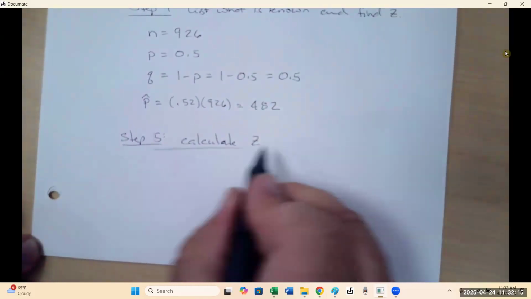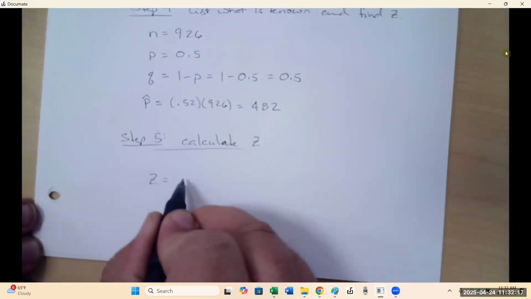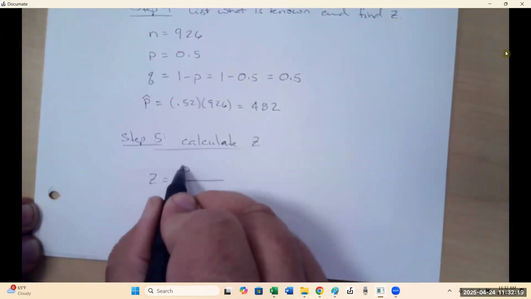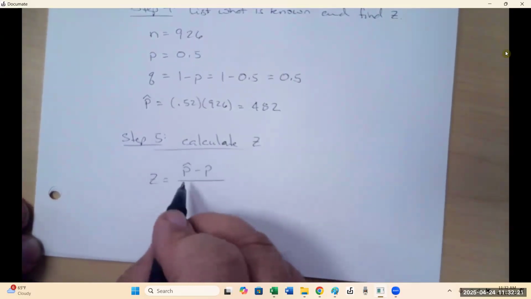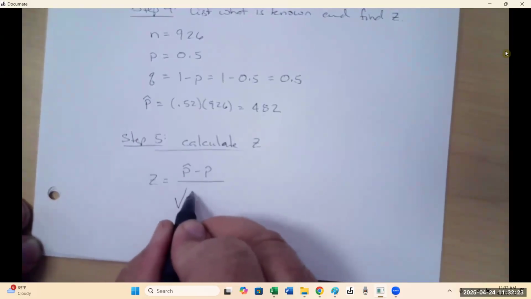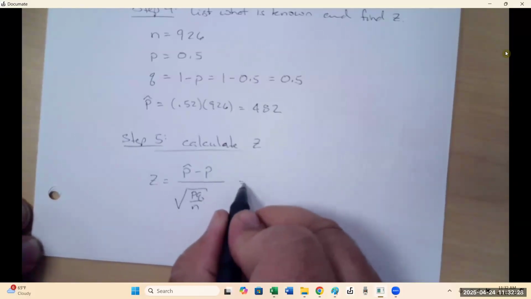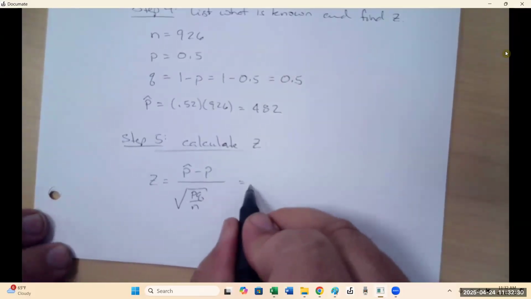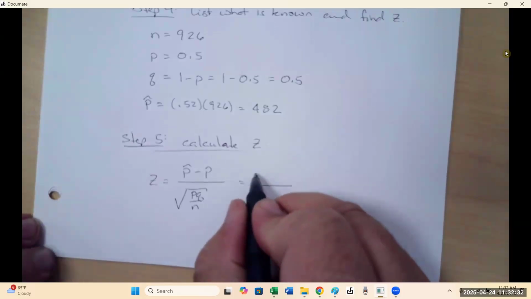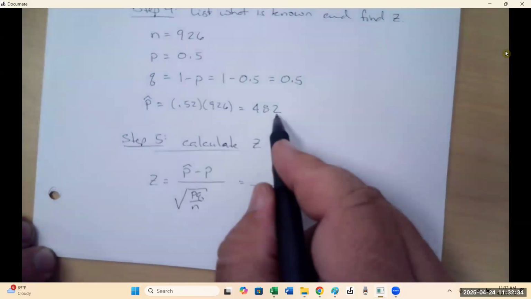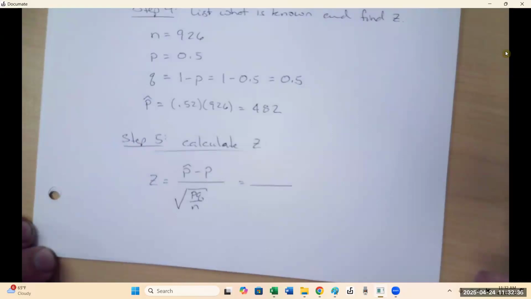Calculate Z. Z is equal to P hat minus P over the square root of PQ over N. So it's 480.